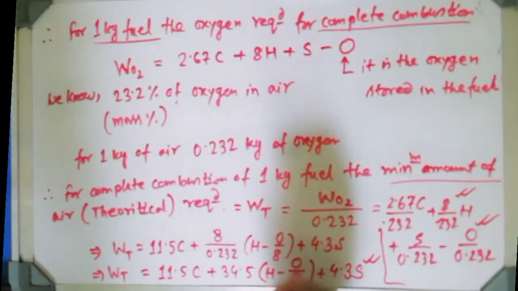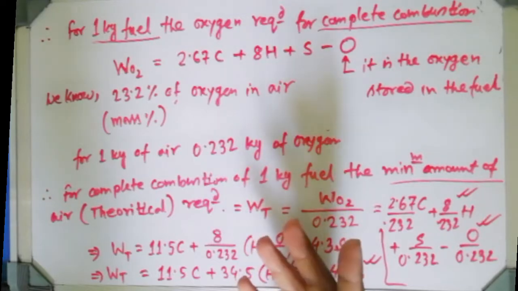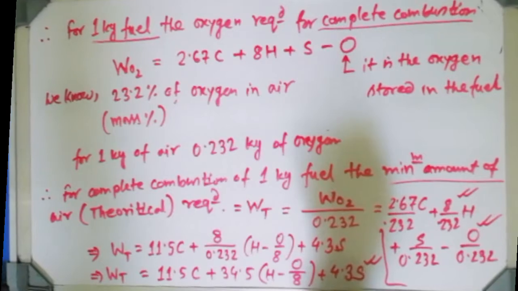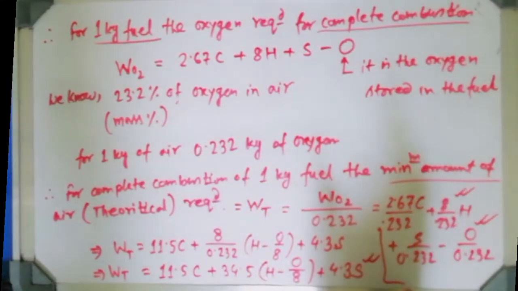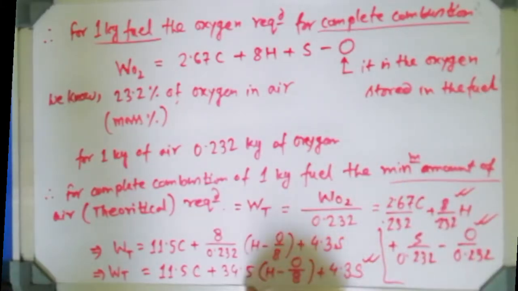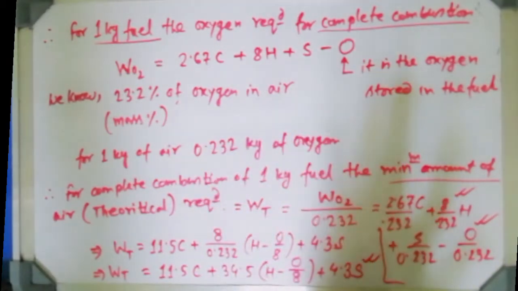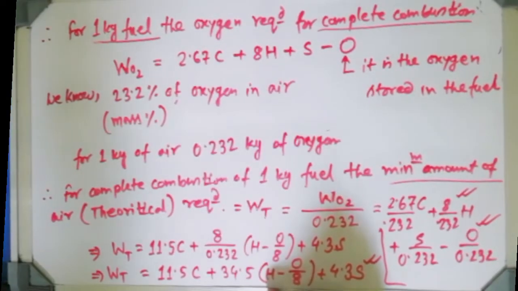Nothing complex is there. You may change the expression, it will not affect the numerical problem, but I keep these two things along with the bracket. This expression gives you what amount of hydrogen is left out, and that hydrogen is to be burnt by the supply of air.